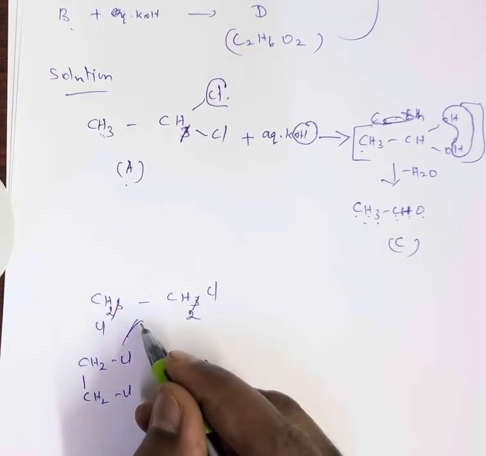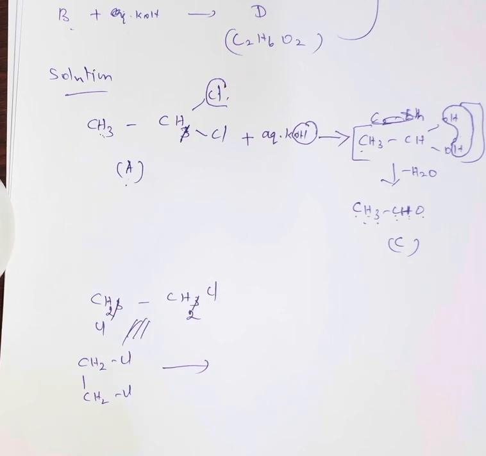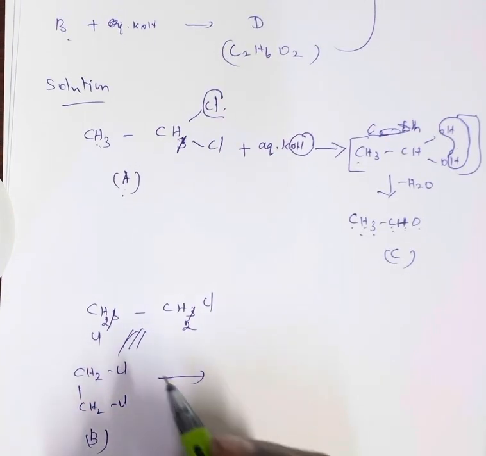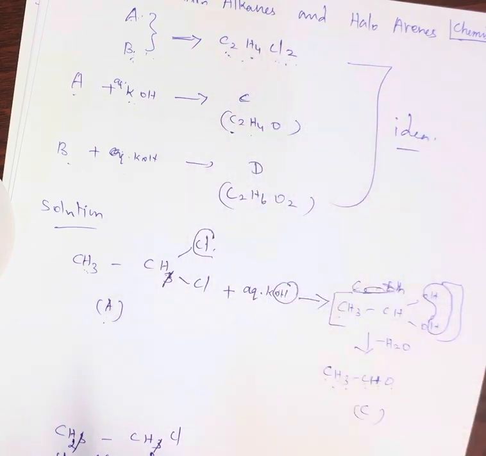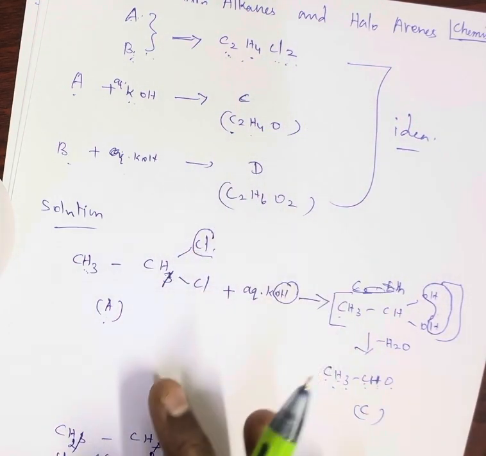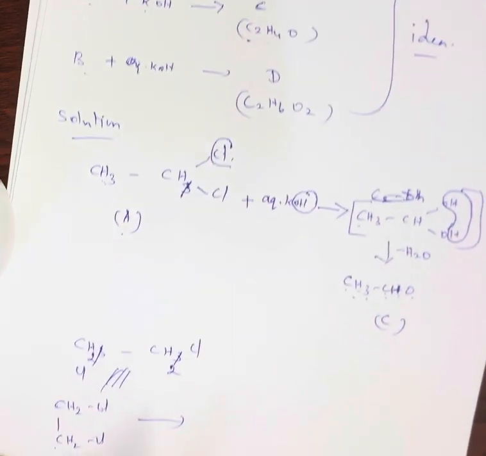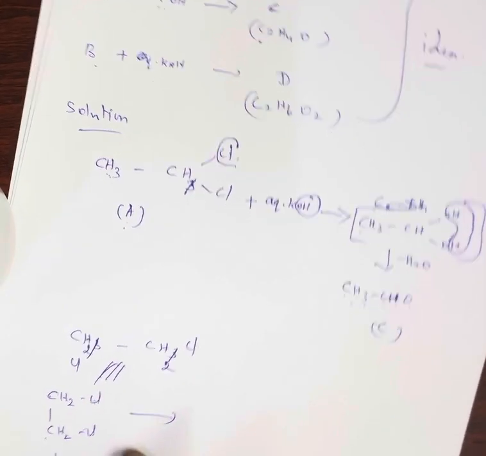Both have the same formula, so this is B. If you doubt, count C2H4Cl2, C2H4Cl2. Both have the same molecular formula, but the structures are different.